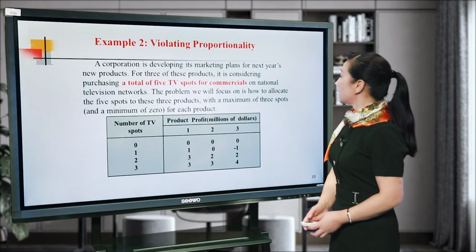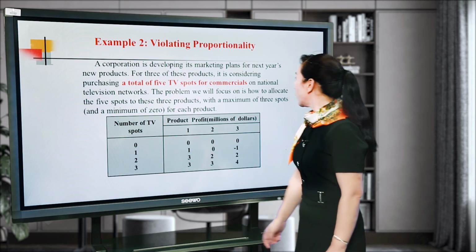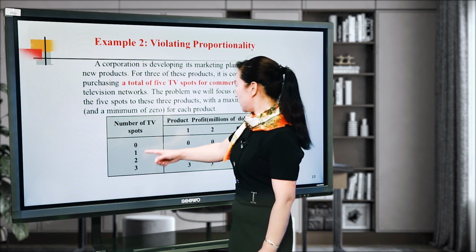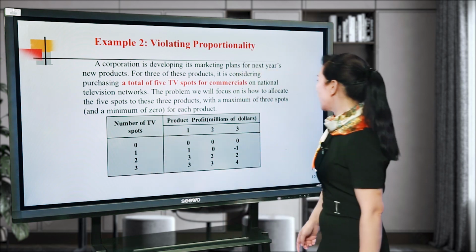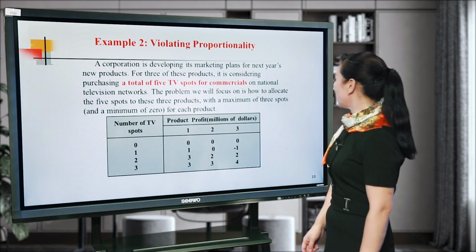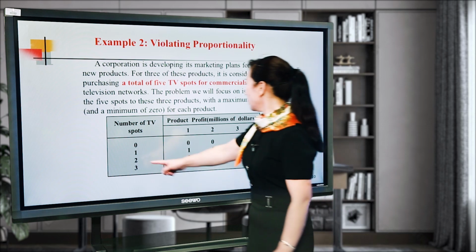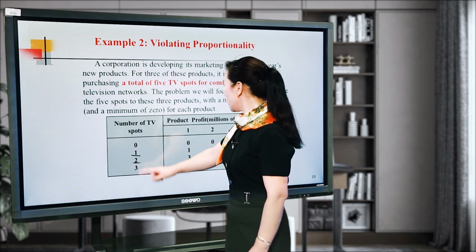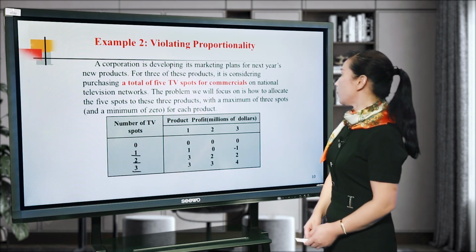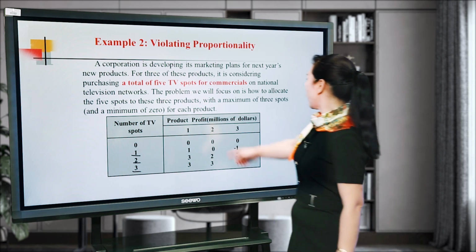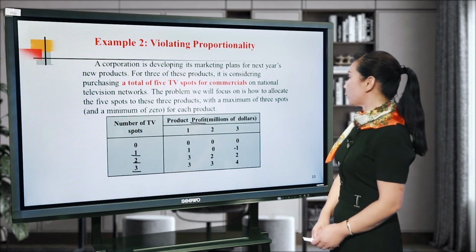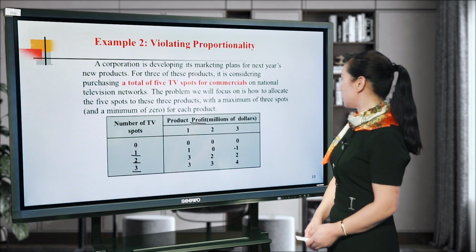The information is listed in this table. We notice in this table, this column is the TV spots 0, 1, 2, 3, and this is the product. Each product can purchase 1 TV spot, 2 TV spots, or 3 TV spots. And we notice the profit of each product is not proportional to the number of TV spots.